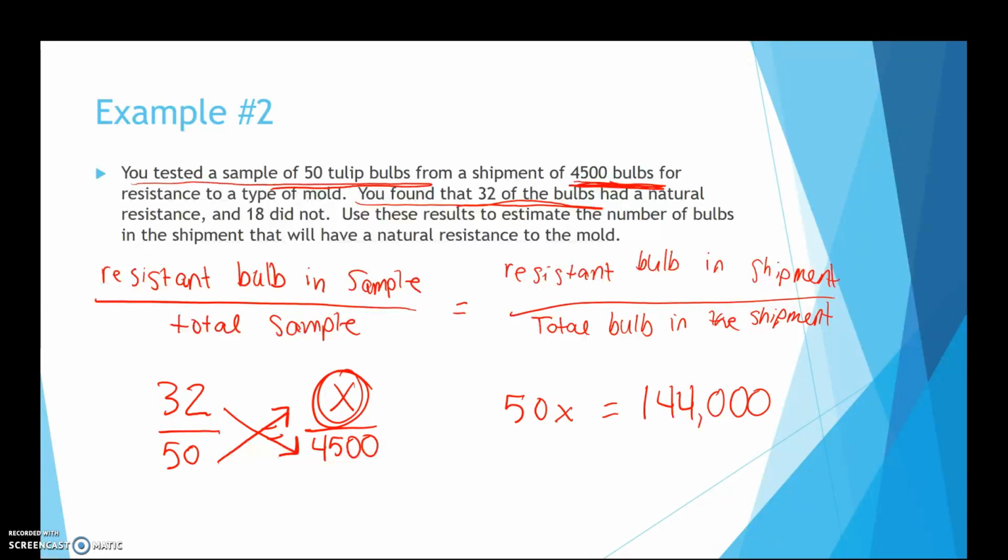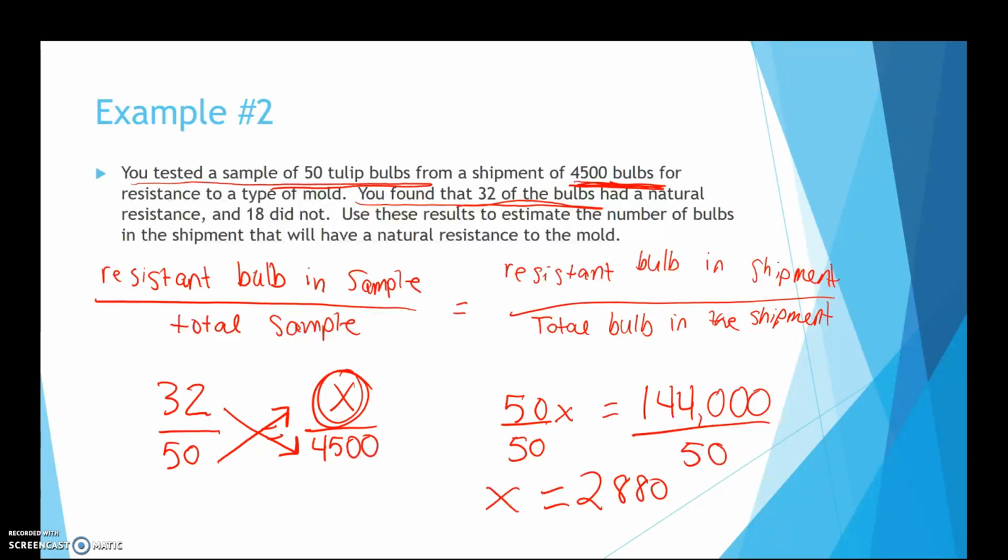Now we're going to solve for X, so I'm going to divide both sides by 50, and X is going to equal 2,880 bulbs resistant in the shipment.